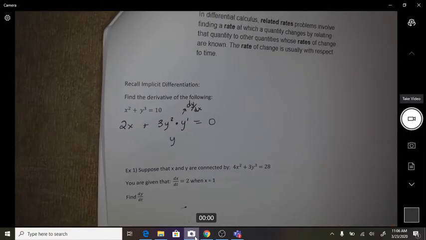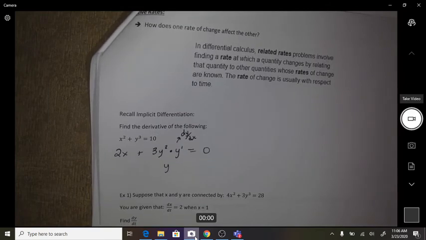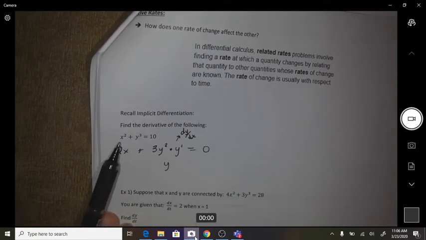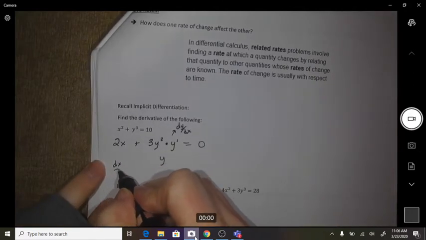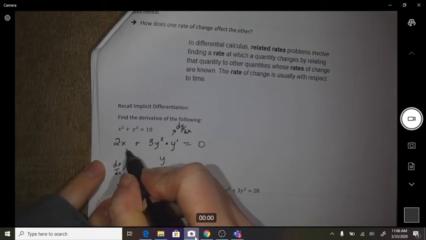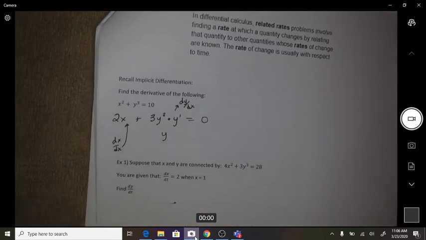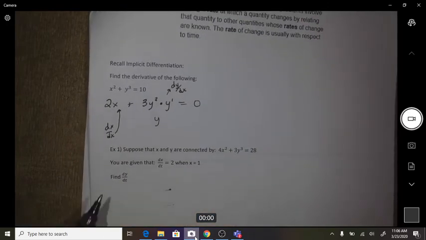Alright, we're going to do related rates. So let's just recall implicit differentiation. If you differentiate this, it's 2x, and you're differentiating this x term with respect to x. So that is secretly there beside it. You just don't write it because this is essentially 1.